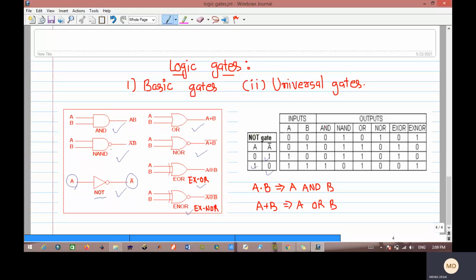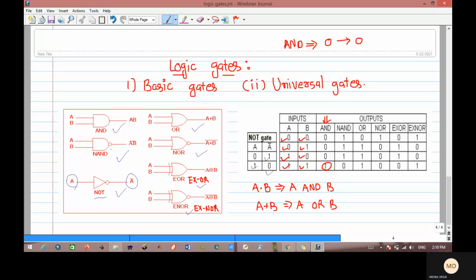Here 2 inputs means there are 2 raised to 2, that is 4 possibilities. The inputs are 0 0, 0 1, 1 0, and 1 1. Now this is the truth table of the AND gate. In the AND gate, if any input is 0, then the output is 0.